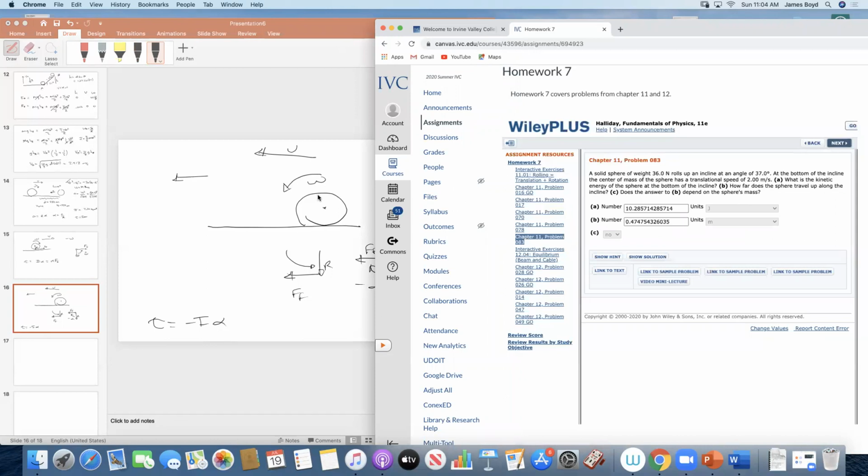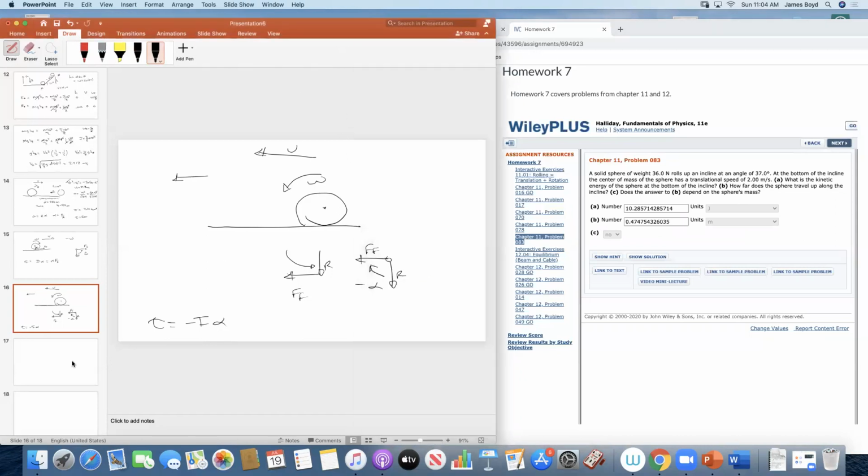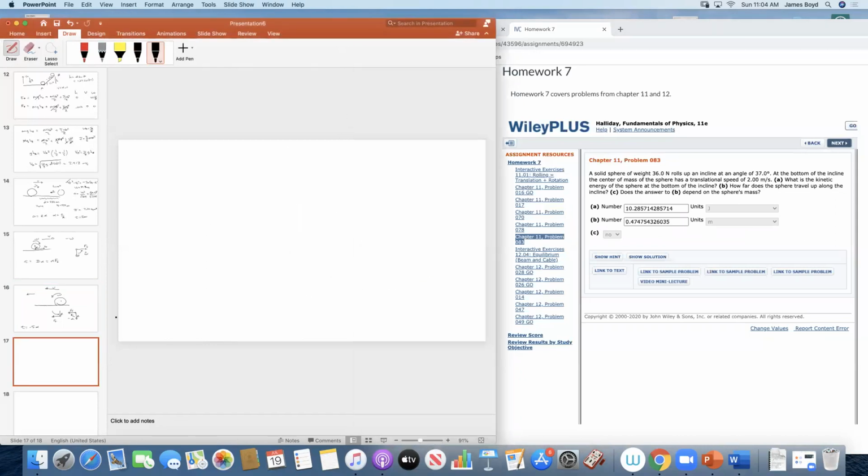Our final question here is basically what we've done before. It tells us that a solid sphere rolls up an incline. And all we want to know is if it starts at the bottom of an incline and it moves up to the top. At the bottom, we know that it was moving with v equal to 2 meters per second up.